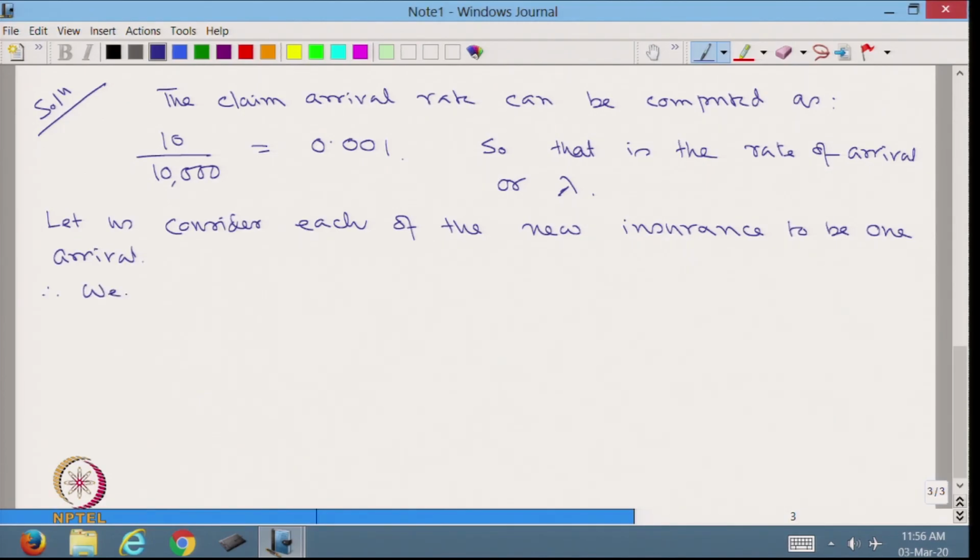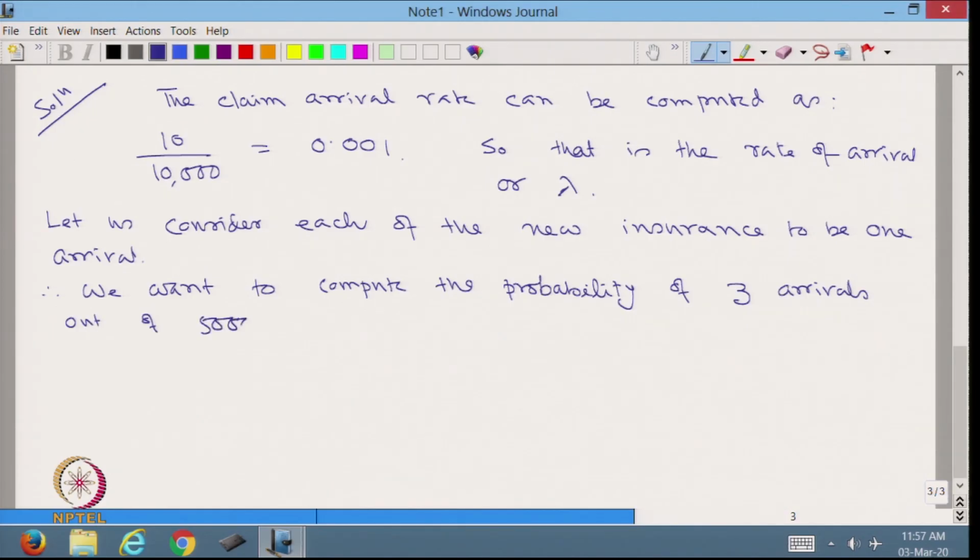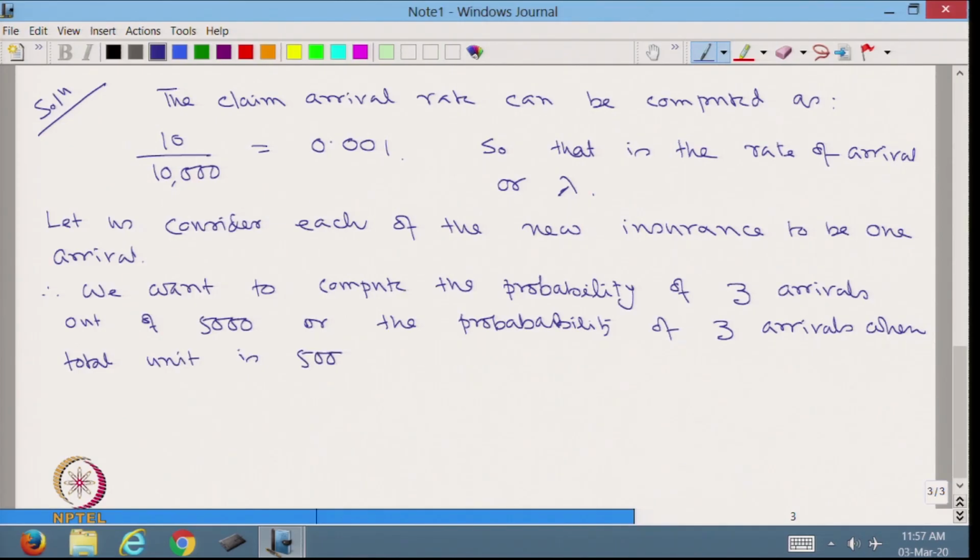Therefore, we want to compute the probability of three arrivals out of 5,000, or the probability of 3 arrivals when the total unit is 5,000.